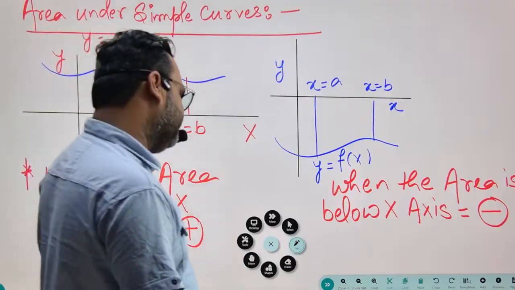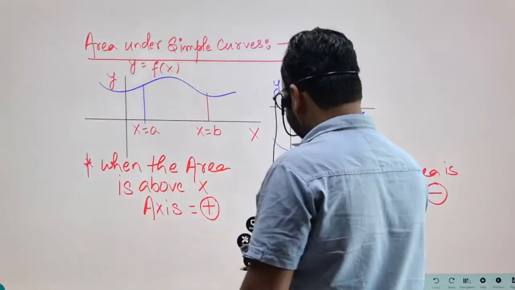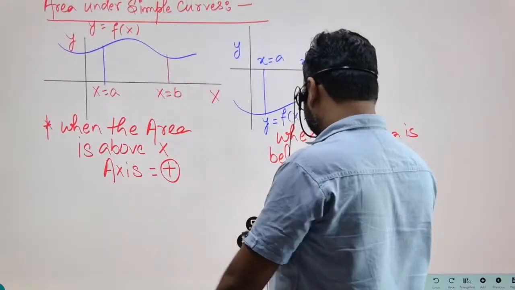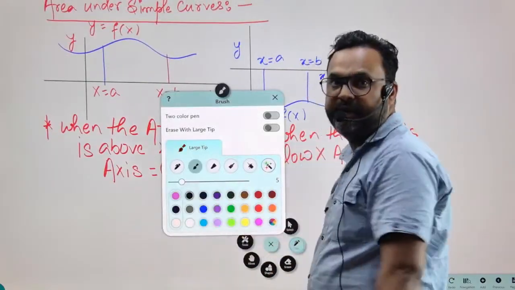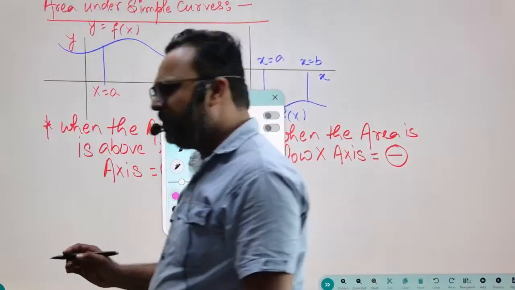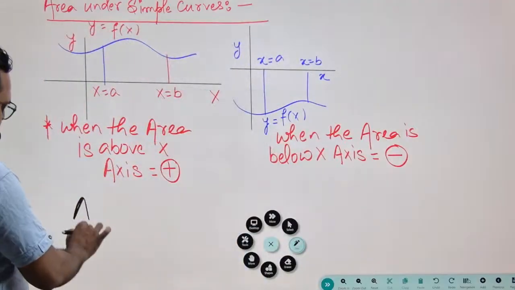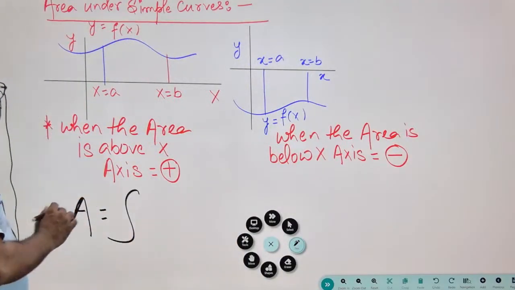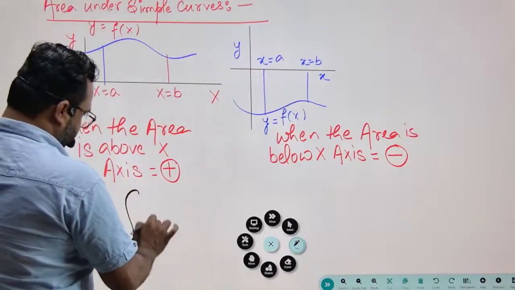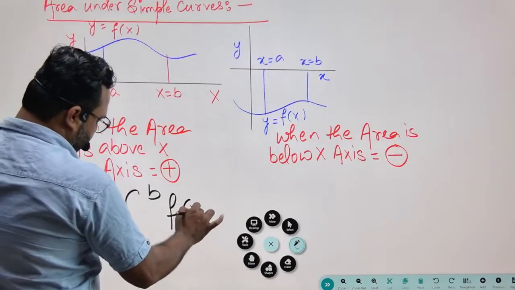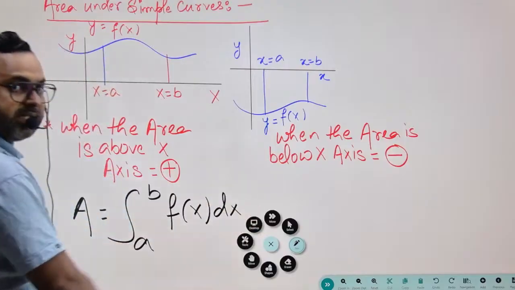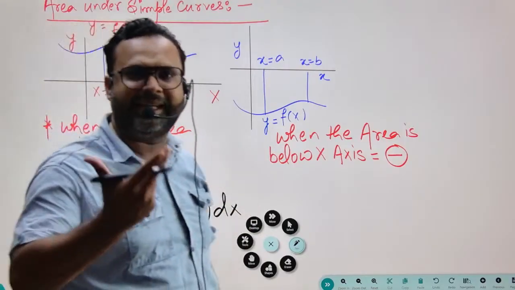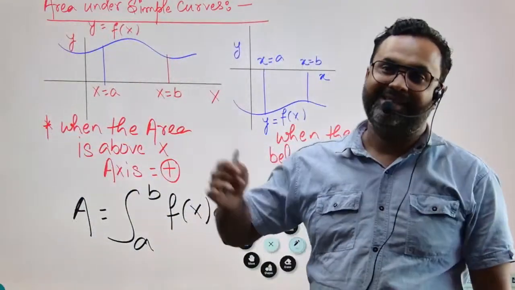Clear? So suppose I want to find the area of this particular curve, what we can do is simply integrate. So area is equal to the integral from a to b of f(x) dx. This is how we can easily calculate the area above the x-axis.